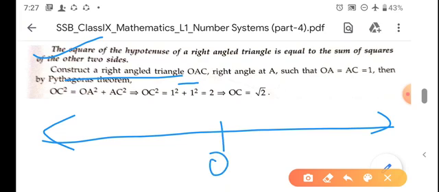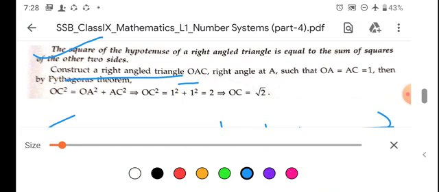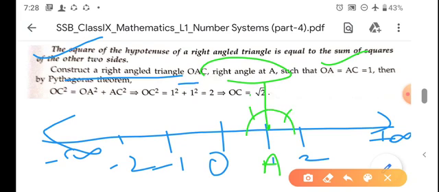Suppose this is O and this is the number line: 1, -1, 2, -2, positive infinity, minus infinity. We take OA, let this be A, and we draw an angle of 90 degrees at A. Either you can take help of a compass or you can use your set square.